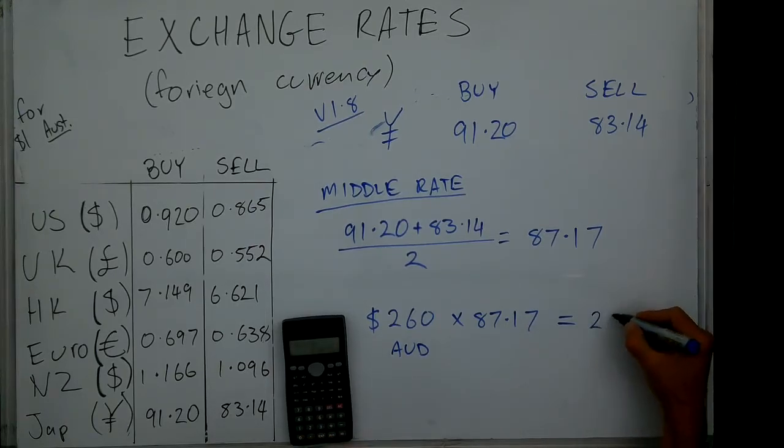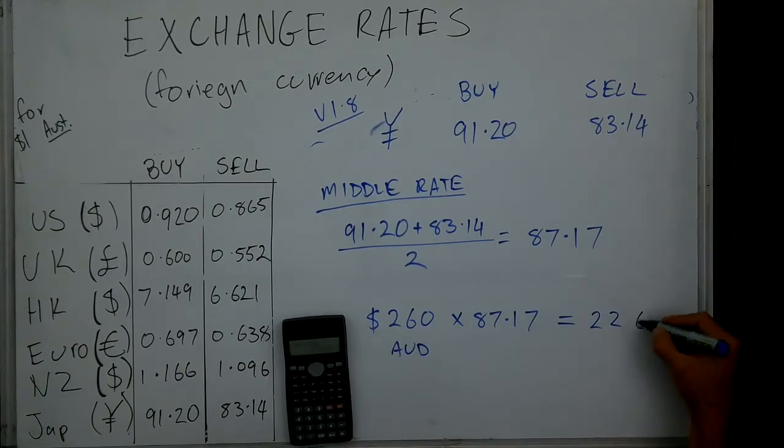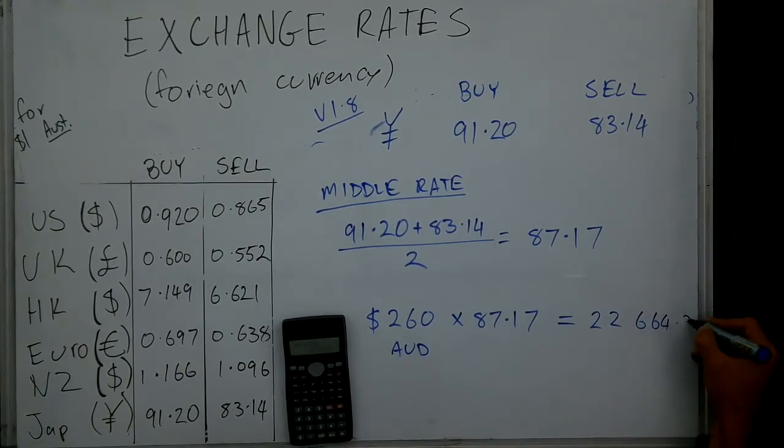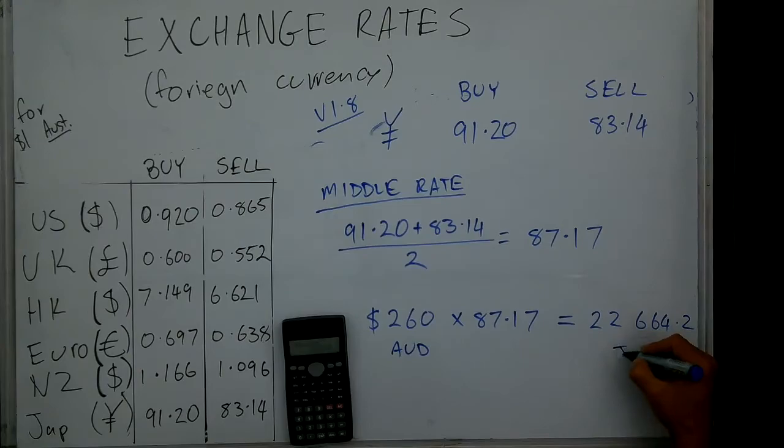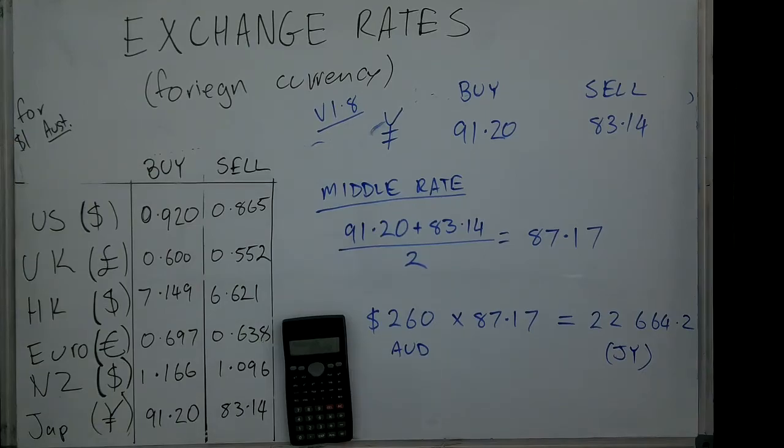We end up with 22,664.2 yen. Just write it like that. And to convert back the other way to Australian dollars, of course, we divide by, but we use the same number.